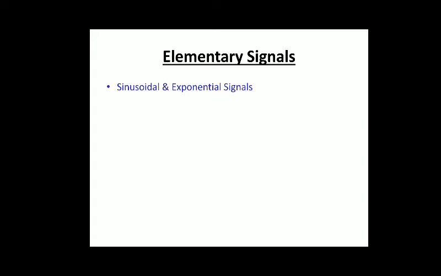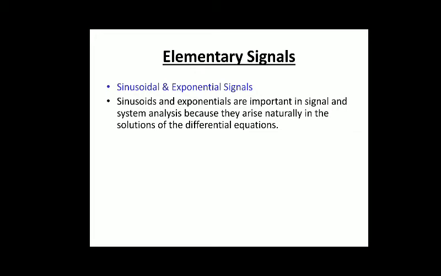So let's talk about elementary signals. What are these elementary signals? Sinusoidal and exponential signals are called elementary signals. Sinusoids and exponential signals are important in signal and system analysis because they arise naturally in the solution of differential equations.